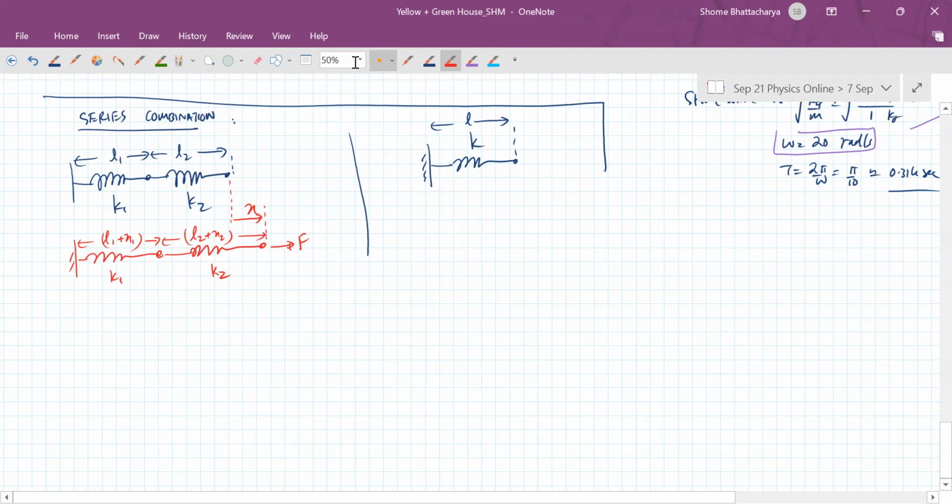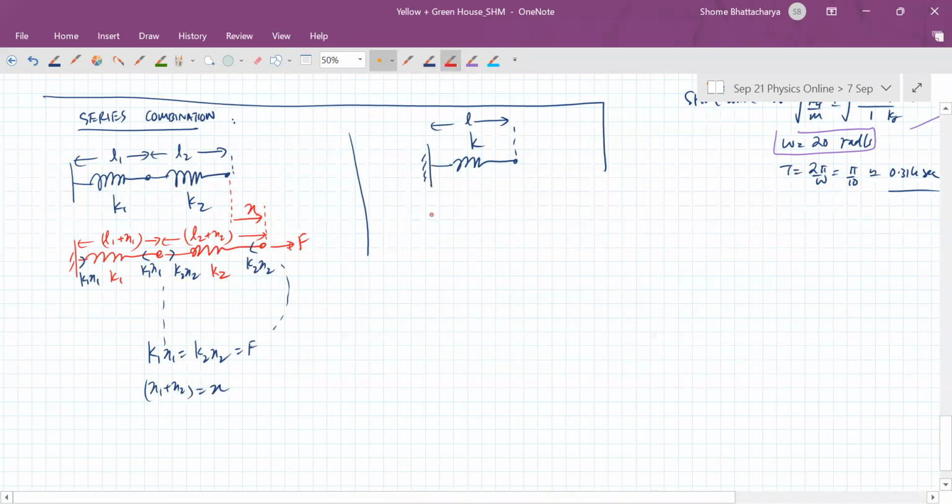So we have this type of force picture. From this point's equilibrium, we have K1 x1 is equal to K2 x2. From this, we have that is equal to F. And we have x1 plus x2 is equal to x.